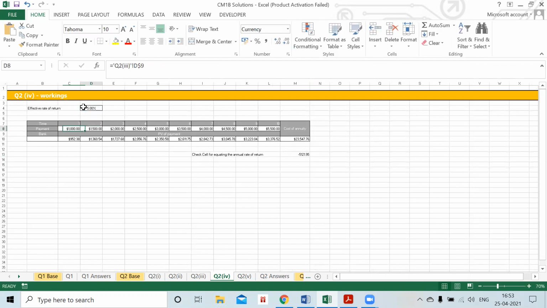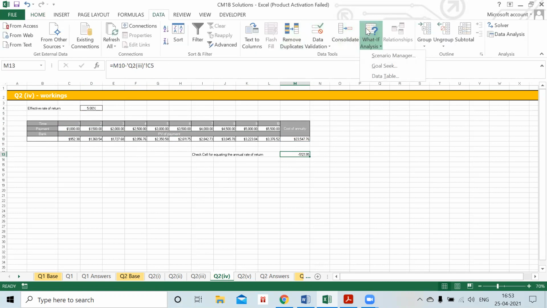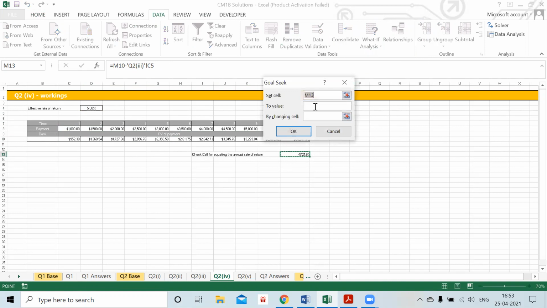Once you assume that, you know the payments of the annuity, and you know the discounting factor, (1 plus i) to the power minus time. Now you have to set this cost of the annuity equal to the one in the previous sheet, which you have calculated. So this difference should be 0. You can go to the Data tab, What-If Analysis, Goal Seek, set value to 0, and the changing cell should be this value.